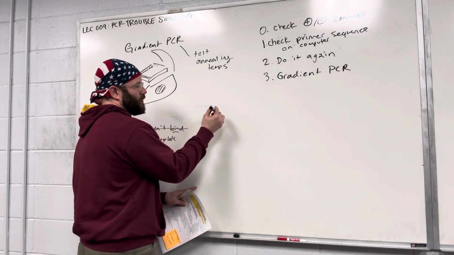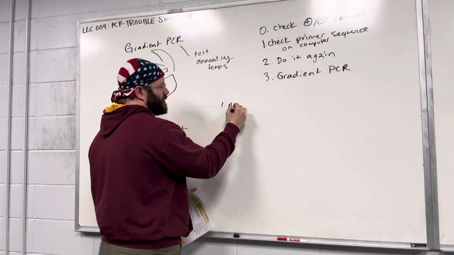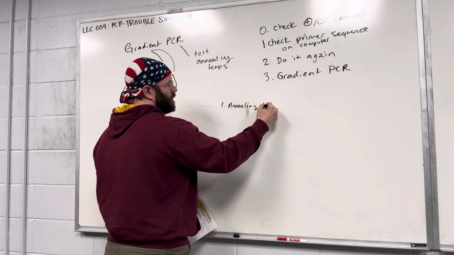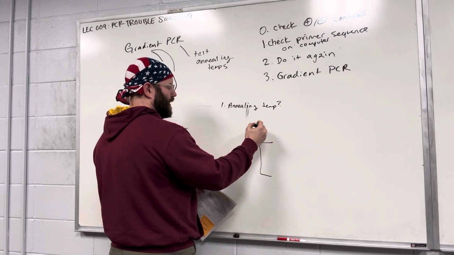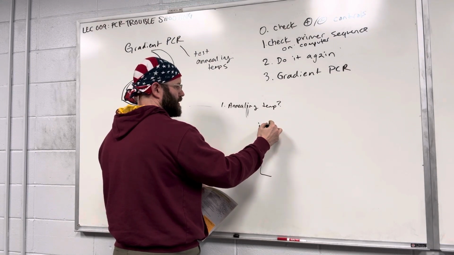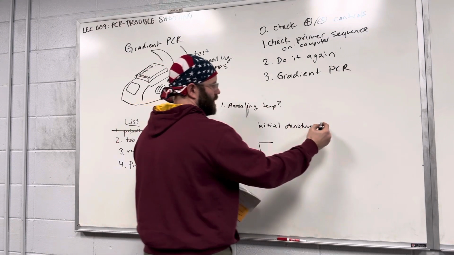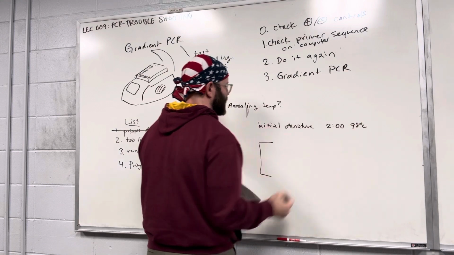Okay, so my first question is, how do you know what the annealing temperature should be set at in the first place? Like when you're setting up your program, okay, so we have initial denature, which is usually 2 minutes, 98 degrees Celsius.